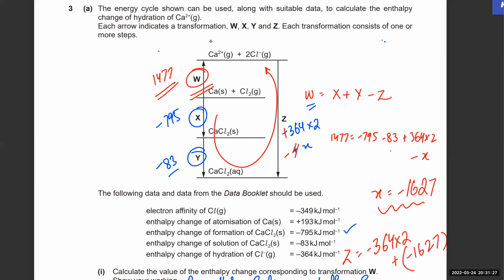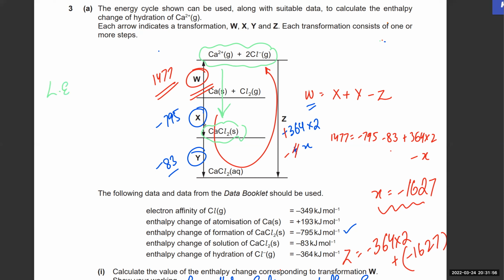Z minus Y. Okay, lattice energy is gaseous ions turning into solid ionic lattice. So lattice energy is from gaseous ions to solid ionic lattice. If you follow this arrow, it's going to be minus W plus X.